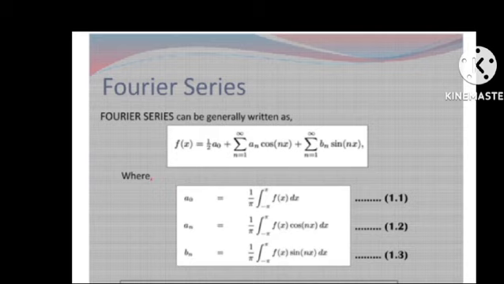It is equation number 1.1, and then a_n is equal to 1 upon pi limits minus pi to pi f of x cos nx dx, equation number 1.2. b_n is equal to 1 upon pi limits minus pi to pi f of x sin nx dx, equation number 1.3. Fourier series make use of the orthogonality relationship of the sine and cosine functions.